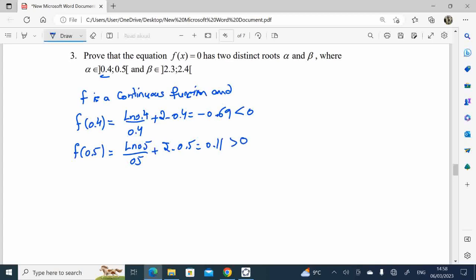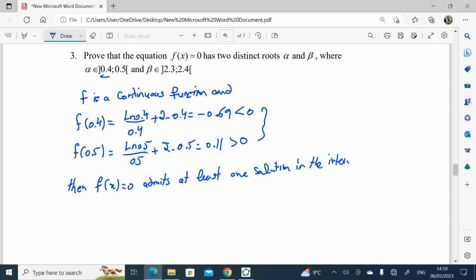We can deduce from these that f of x equals 0 admits at least one solution in the interval 0.4, 0.5.